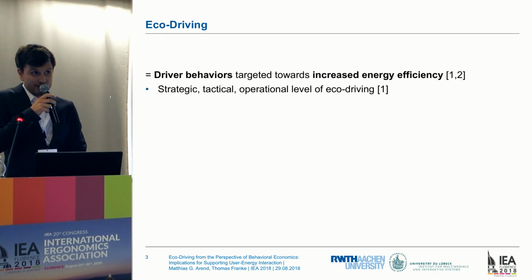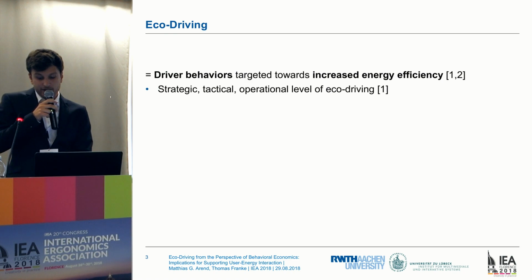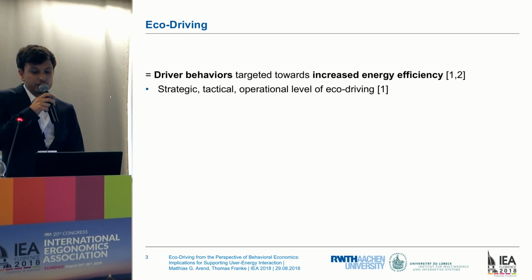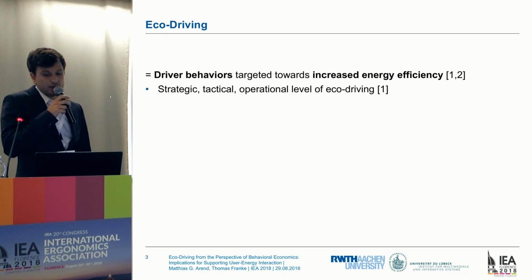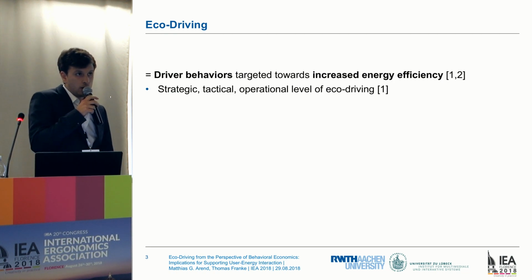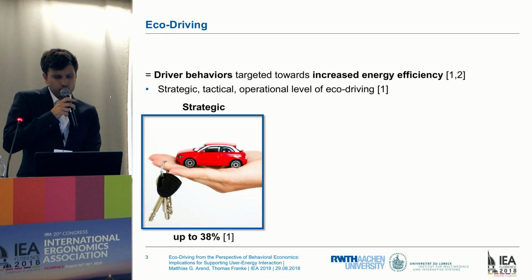Eco-driving encompasses, in general, different driver behaviors that are targeted towards increased energy efficiency. These behaviors are not limited to behaviors on the road. They also include strategic, tactical, and operational levels of eco-driving. What do these levels include?